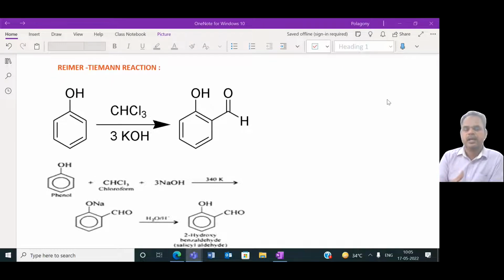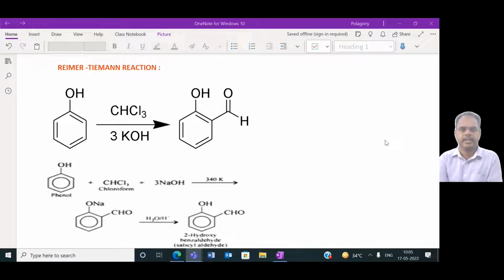Then the phenol undergoes the ortho-formylation process. Then we get 2-hydroxy benzaldehyde, which is called salicylaldehyde. If you want to understand the complete reaction, how this 2-hydroxy benzaldehyde is formed, then we should discuss the mechanism.